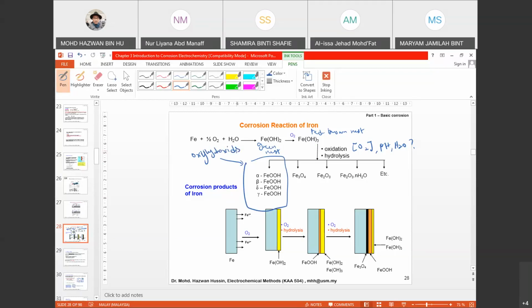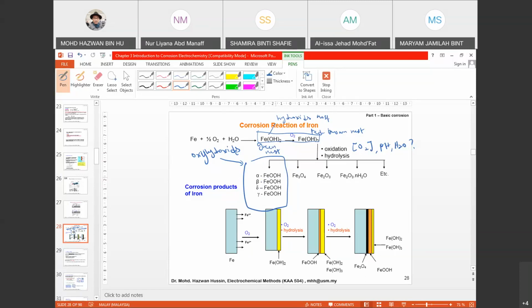This one over here is more or less hydroxide rust, and this one is oxyhydroxide, because you will see OOH, and it has different crystallinity. Different crystallinity means that it has different crystal structures. You have alpha, beta, delta, and gamma.